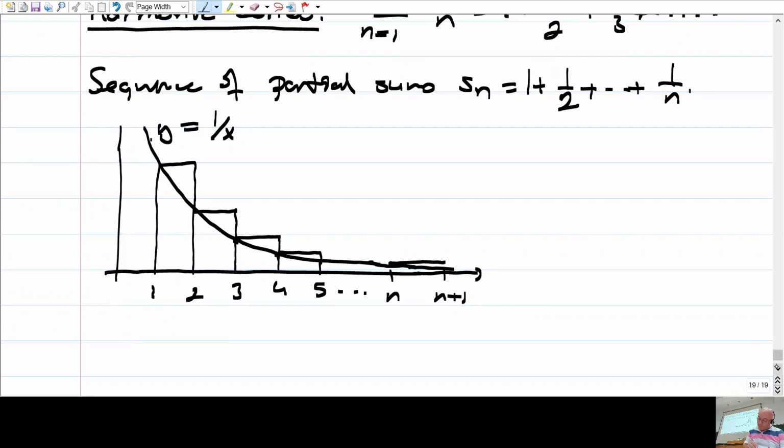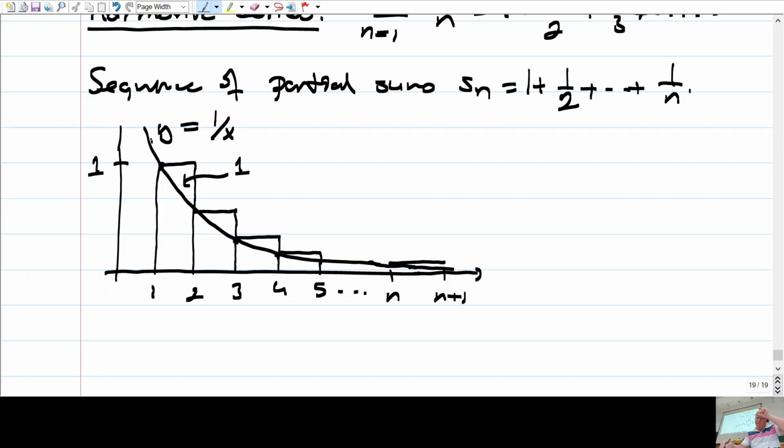What is the area of these rectangles? The area of this rectangle is, so this point is 1, therefore this should be 1. This is not a correct picture. 1 is over here, but here it is just something even smaller, but it doesn't matter. The area of this rectangle is 1 unit because the base length is 1, height is 1.